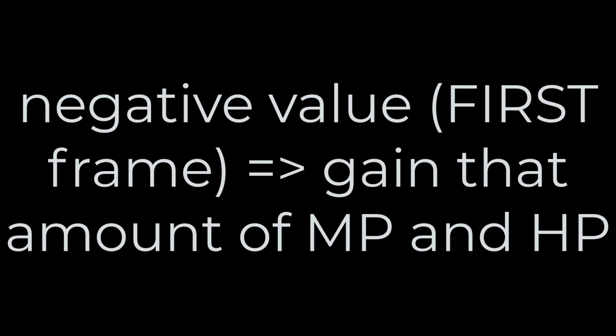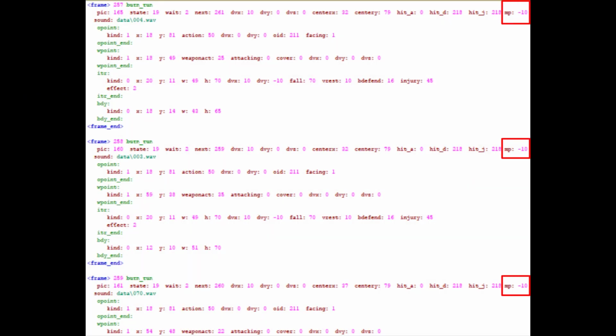If you write a negative value in the first frame of the skill, you gain MP and HP instead of losing. The rules still apply. You can also use negative values for the next frames of the skill, not the first frame. For example, Firen's flame run has loss of MP minus 10 in its frames.